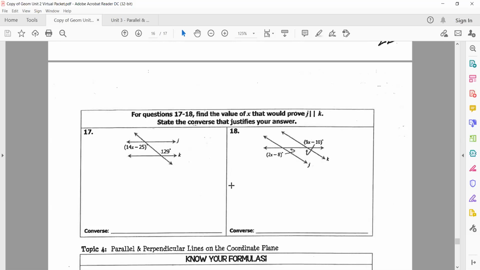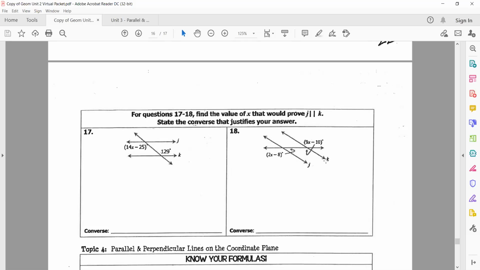Now you got it, Jonathan. Absolutely right. Because those are alternate interior, they're between the J and K lines in that space, they're going to be congruent. So then all you got to do is set up that equation, solve for X, and you've got your answer that's going to prove J and K are parallel.